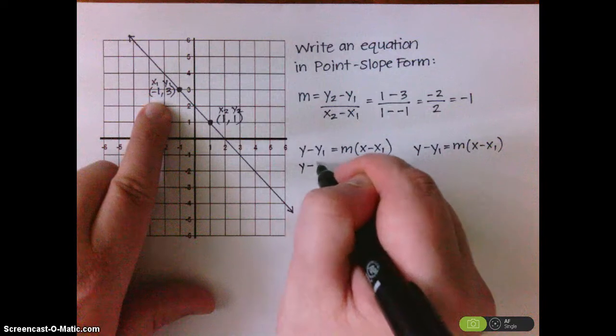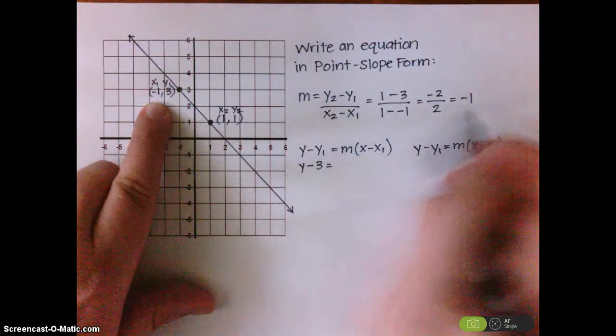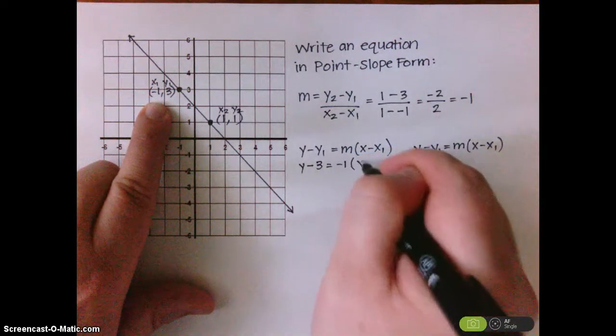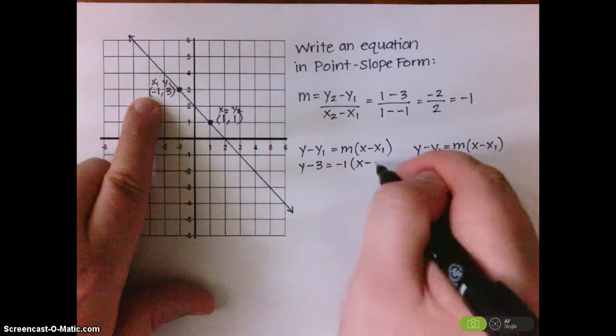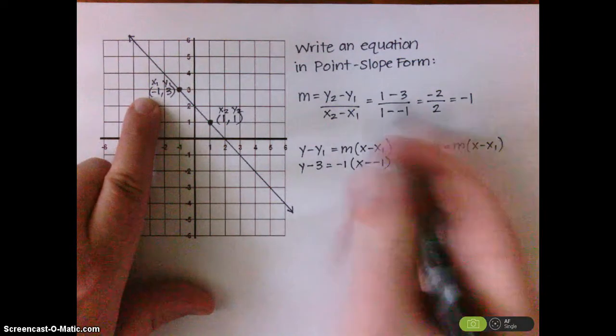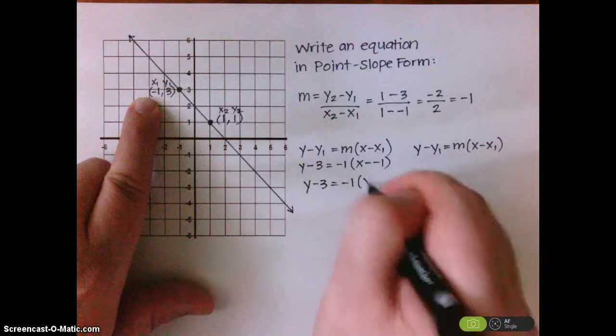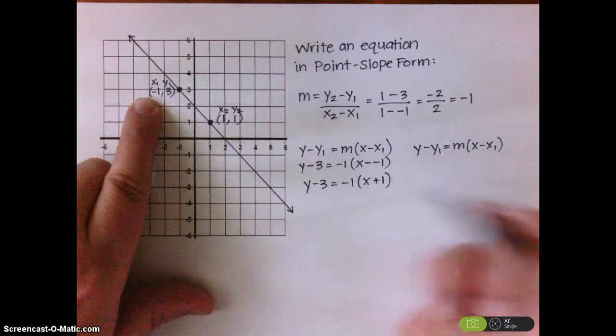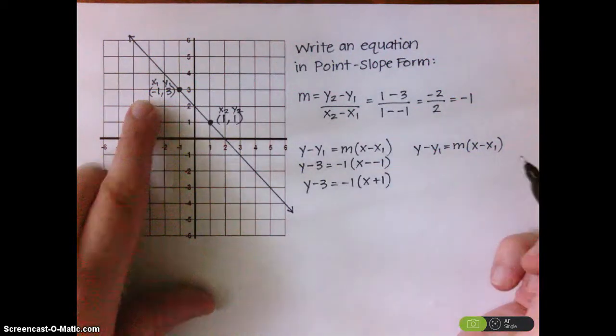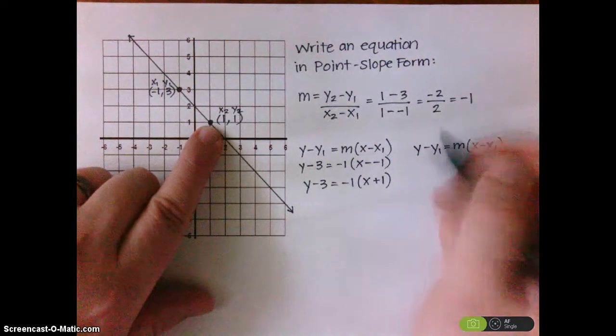Y minus 3 is equal to, the slope is negative 1 times x minus negative 1. So I have y minus 3 is equal to negative 1 times, I'm going to clean that up, x plus 1. All right, let's see if we get the same equation on the right-hand side.